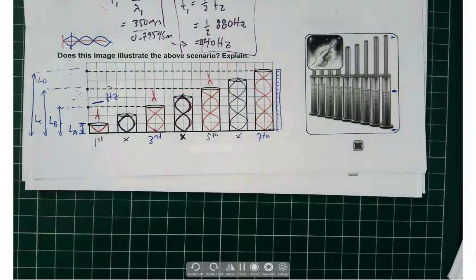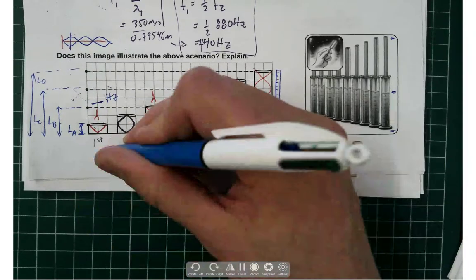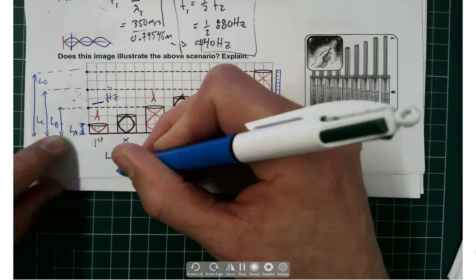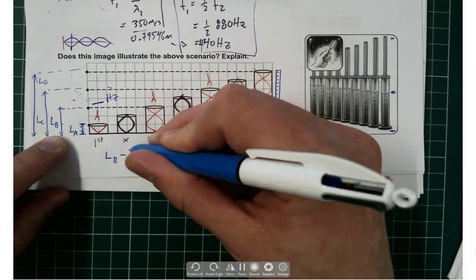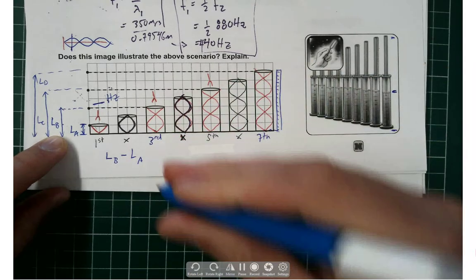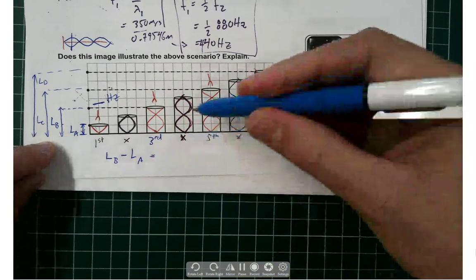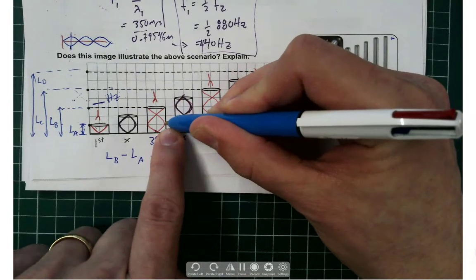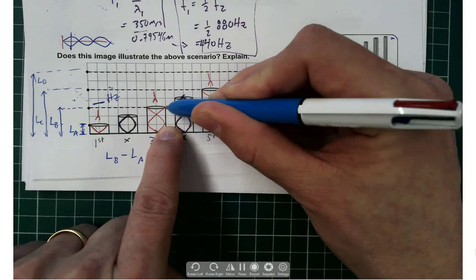All right, cool. People say, why would you want to do that? Well, it seems to me that if I do length B, the second shortest, minus length A, what fraction of a wavelength extra do I have between length A and length B?